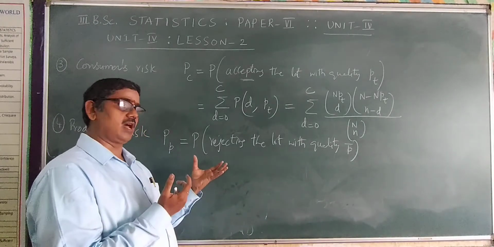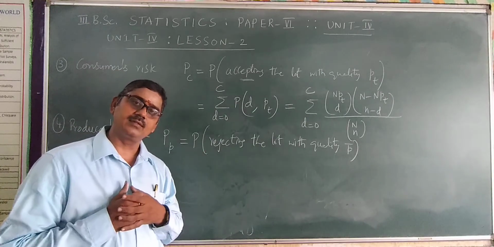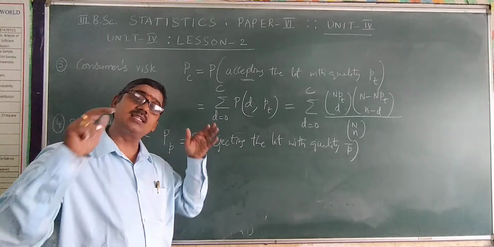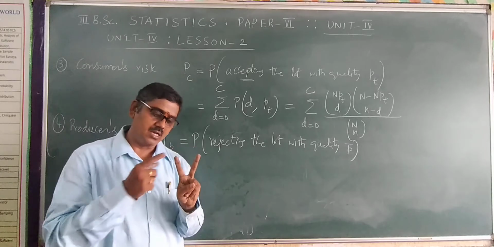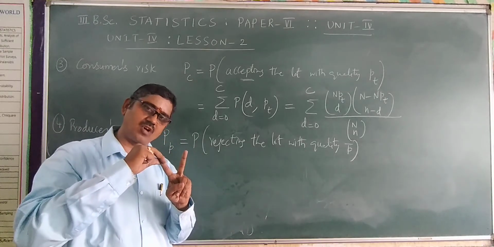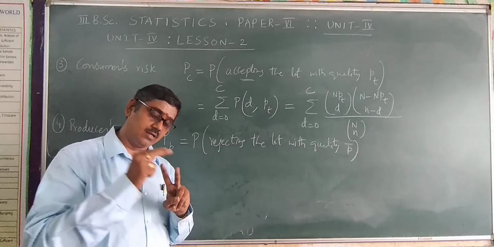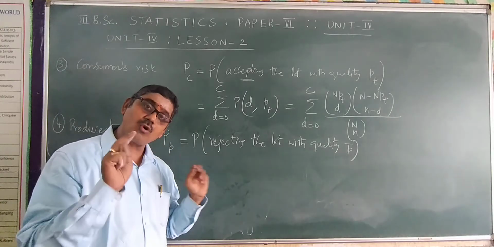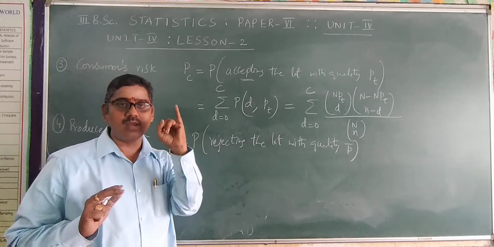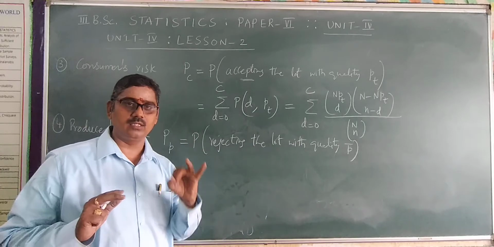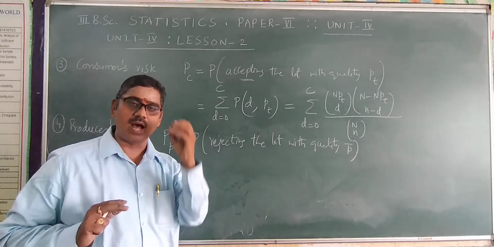I write the formula. Probability of rejecting. We have no formula for rejecting, so I am converting it in terms of acceptance. Remember, we have two formulas: first, the probability of getting D defectives; second, the probability of accepting the lot. These are the only two available.